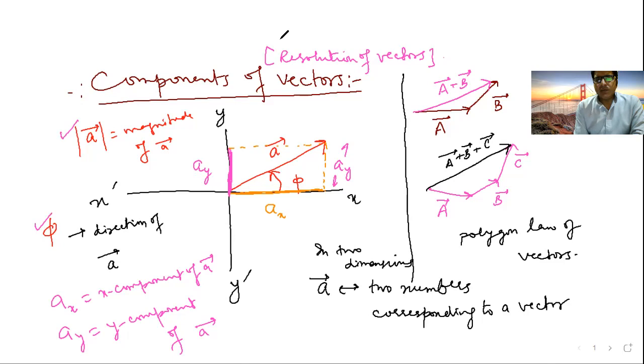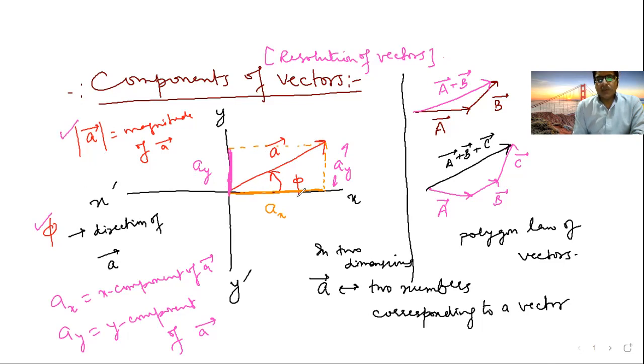Now I have another interpretation using components. Now I can say corresponding to a vector in 2 dimensions, there are two rectangular components. These are also two numbers. So these are two ways of specifying the vector. One is in terms of its length and angle, these two numbers.